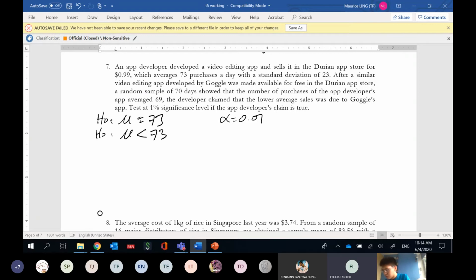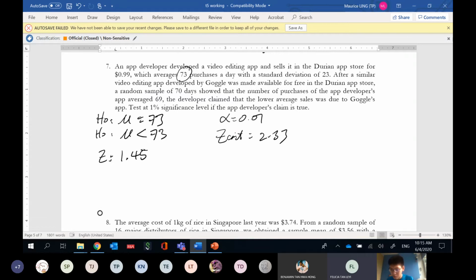Z-test, because the sample is large. Your z critical value is 2.33, and your z value is negative 1.45, so you just take the absolute value, 1.45. Correct.